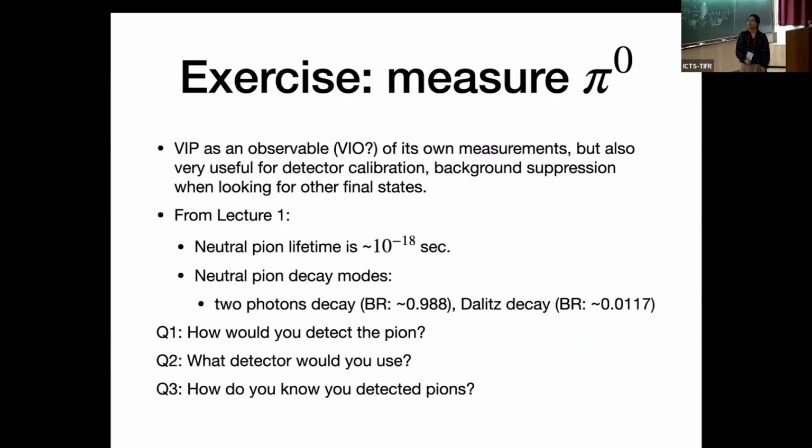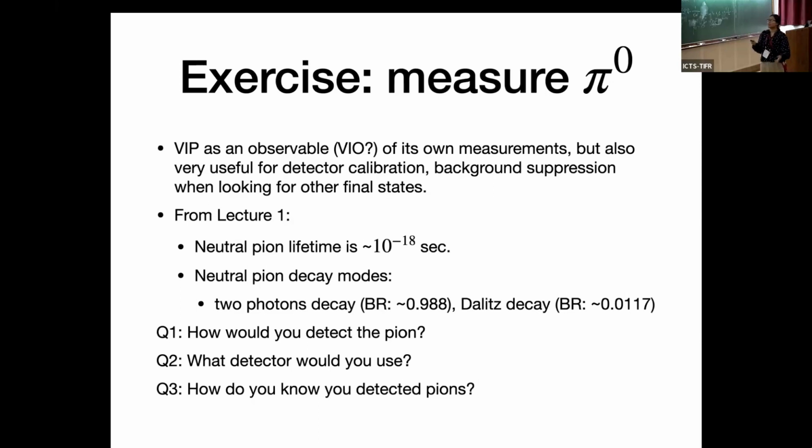Okay? So we already talked about how to measure the pi zero. The reason why I asked you about it is that the pi zero is really quite an important hadron in particle physics. I would call it its own observable. For its own measurement, for example, if you look at some other asymmetry that we talked about, whatever you look at as a signal out of all the other hadrons, normally it's the pi zero.